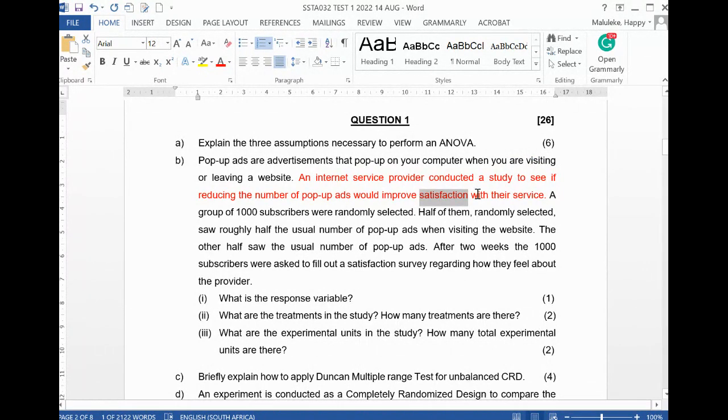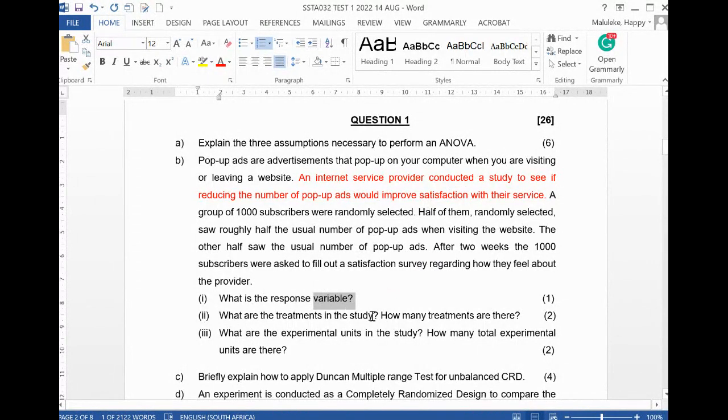So satisfaction was your response variable, because it's the outcome. Okay, so the response variable is the satisfaction. So just write satisfaction, you're fine.